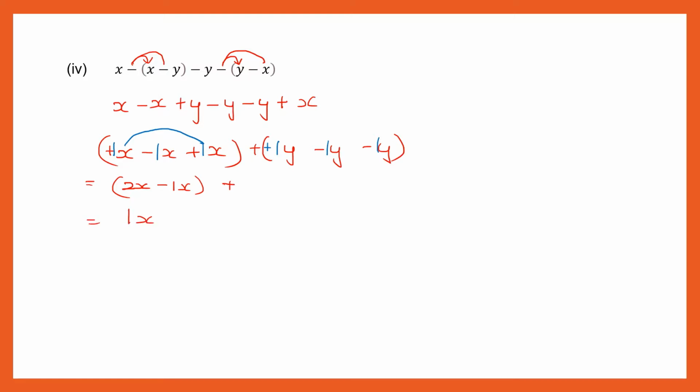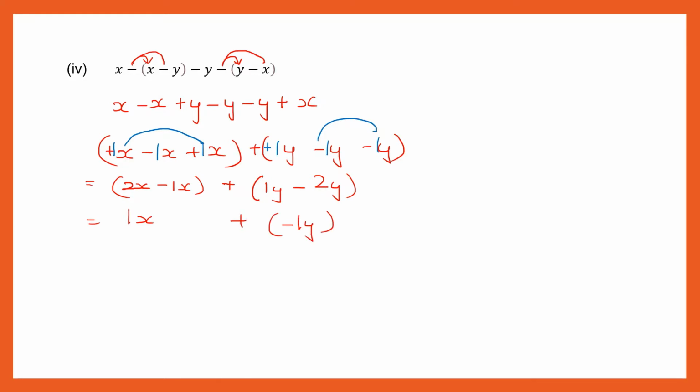Let's go to the other side. Take the numbers with the same sign. I have minus 1y minus 1y. So what do I have here? 1y minus 2y. When signs are the same, put the sign of the bigger number and subtract. 2 minus 1 is 1y.